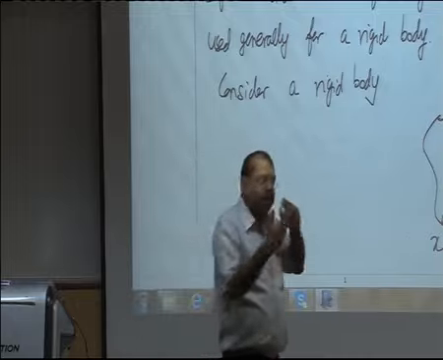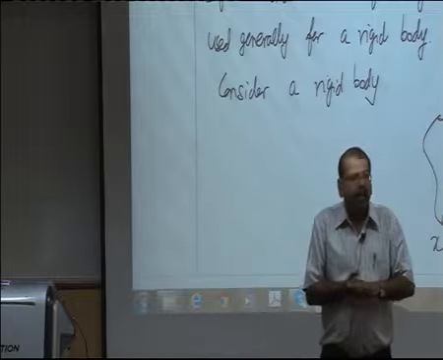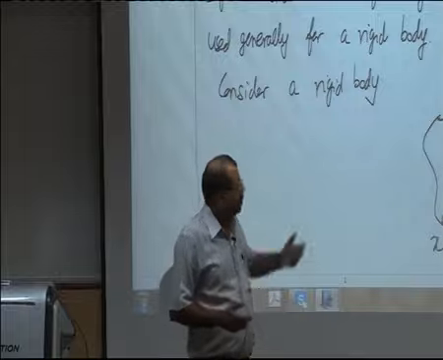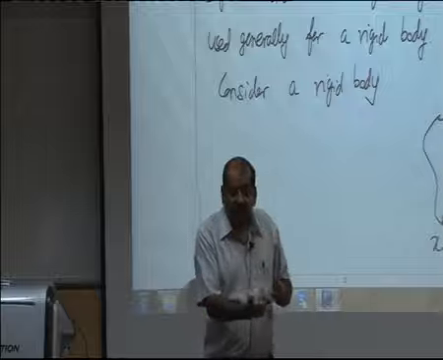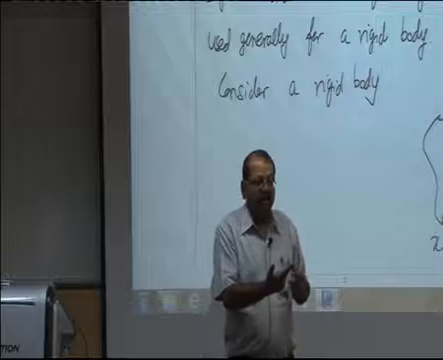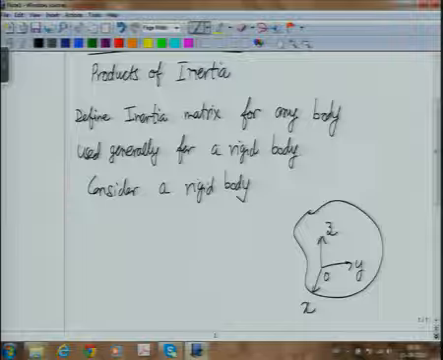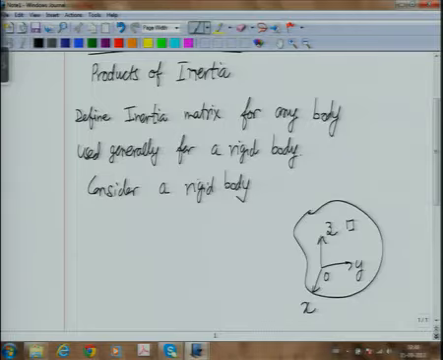And this particular distinction right now does not matter, but later on when we talk of the dynamics of the body, it will become important, whether you are fixing your axis to some point on ground or on the body. Let us say we have fixed them on a point on the body. Now if I look at a small element of mass dm, which is located on the body.